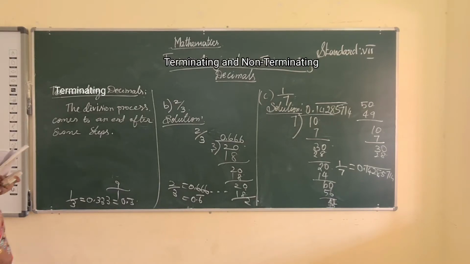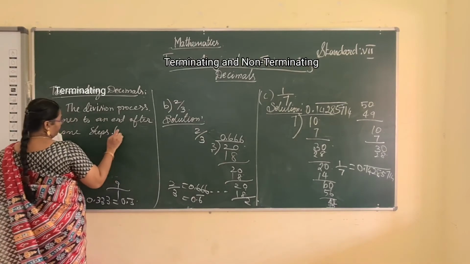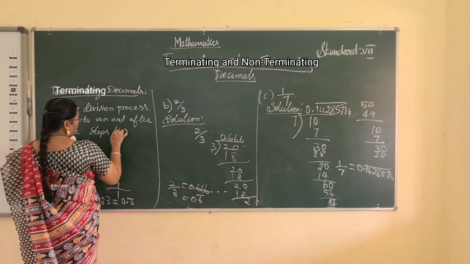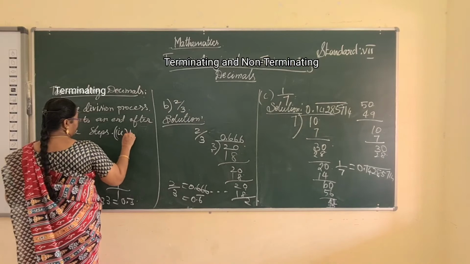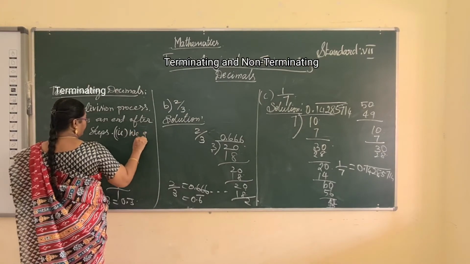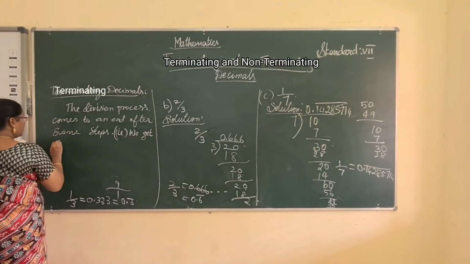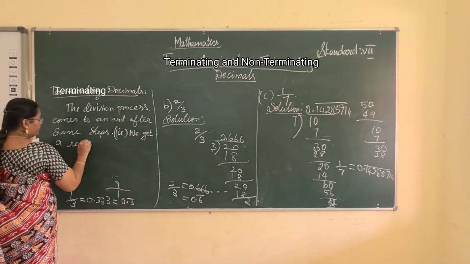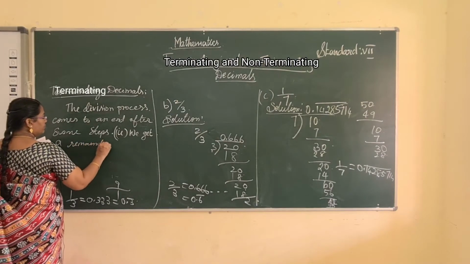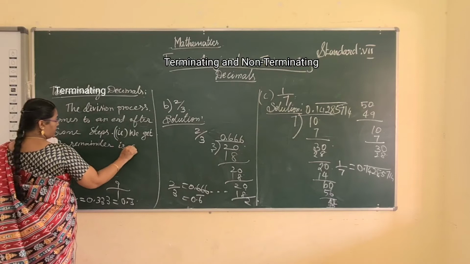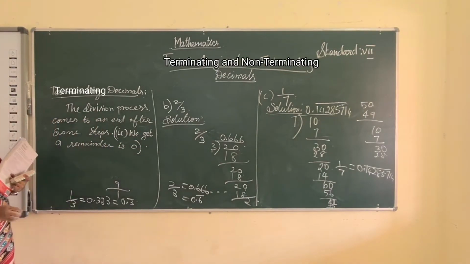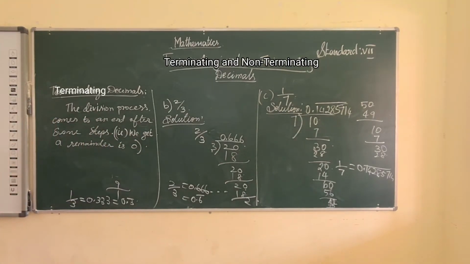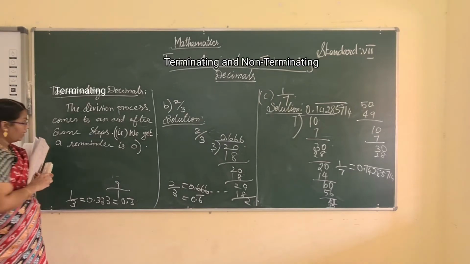That is, we get the remainder 0. Okay, that is called terminating decimals.